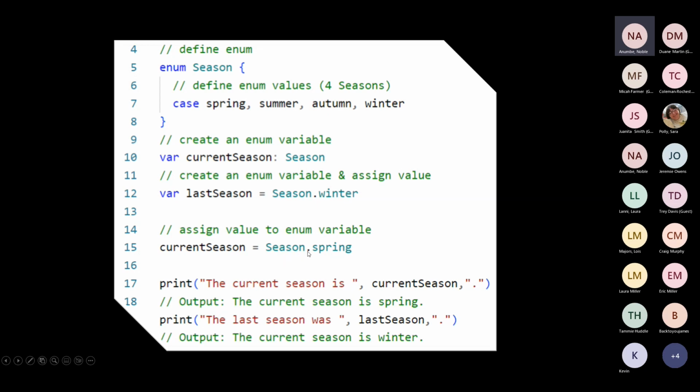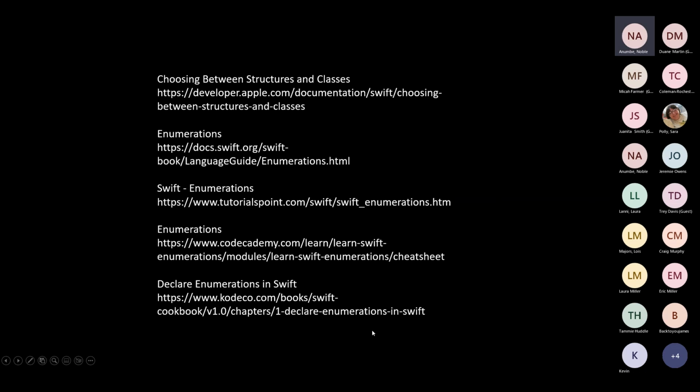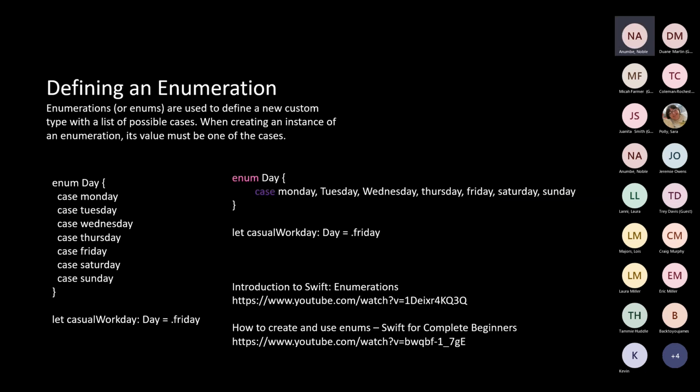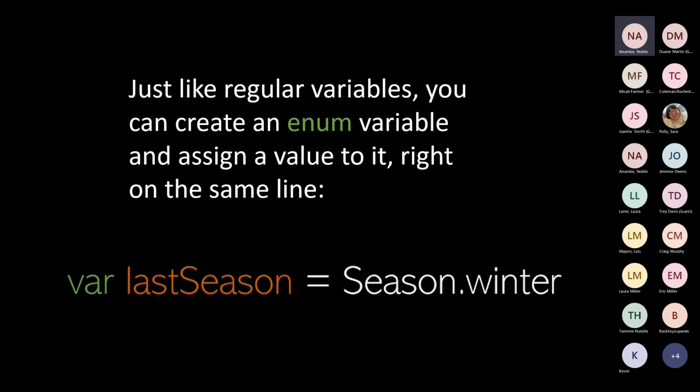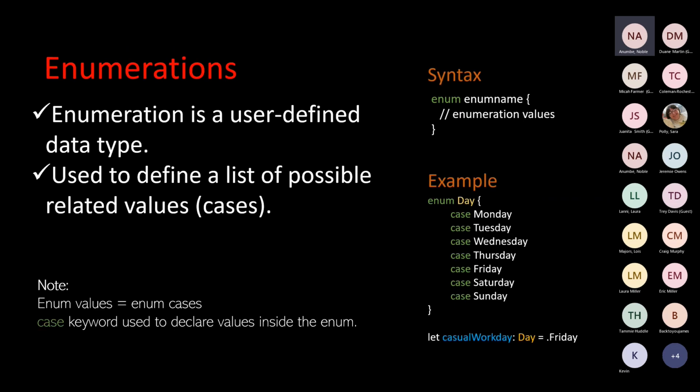Once you've chosen it, it has now saved currentSeason, lastSeason. And anytime you type in your currentSeason or lastSeason, it literally refers to that season. So, okay, I think we are done with this.